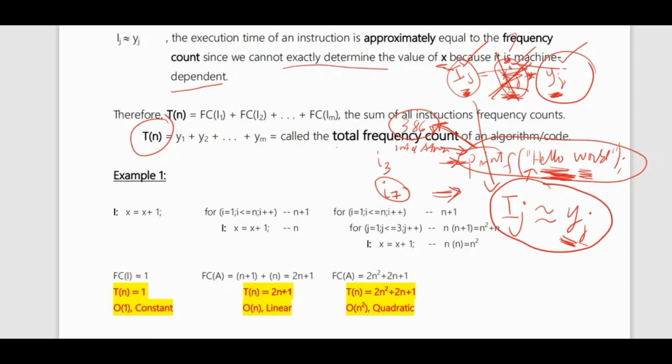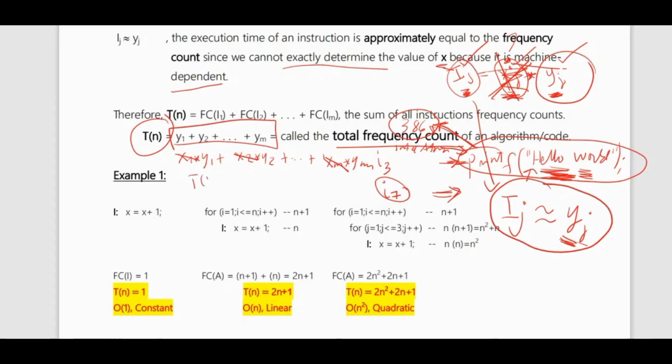So the formula of computing T of n is now simply y1 plus y2 plus up to ym. We call this the total frequency count. X is no longer part of the equation. So instead of originally x1 times y1 plus x2 times y2 plus dot dot dot plus xm times ym, since we remove the x from the equation, that is now simply y1, the frequency count of instruction 1, plus the frequency count of instruction 2, plus up to the frequency count of the last instruction.